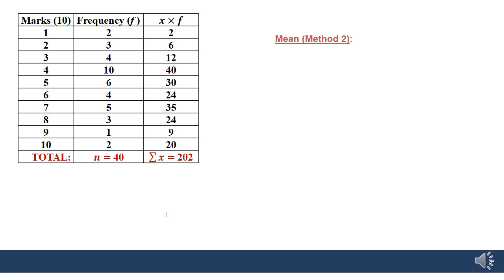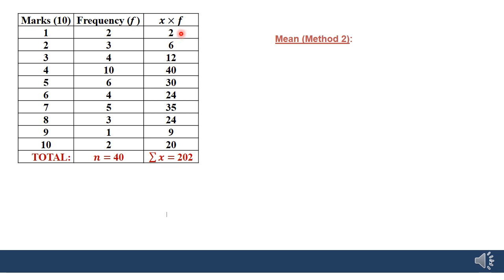Another method that you could use to find the mean is the same idea, but all I'm doing is multiplying the mark times the frequency, which I did in a long equation down here in the previous slide. Here I'm doing it in the table. So multiply the mark, which is x, times the frequency that occurred.